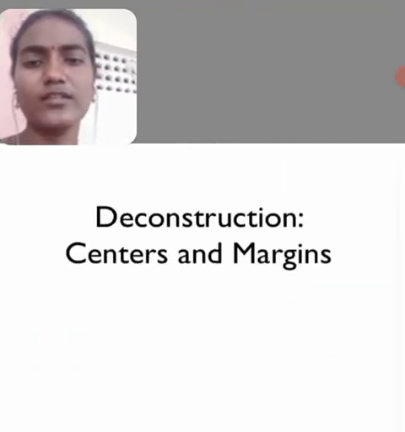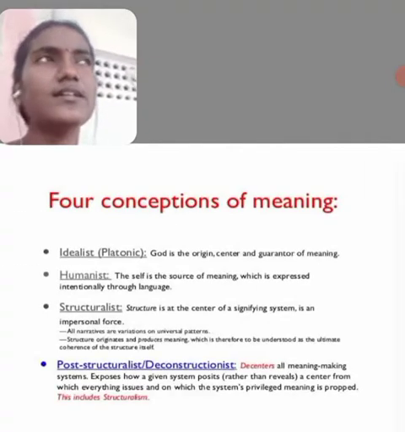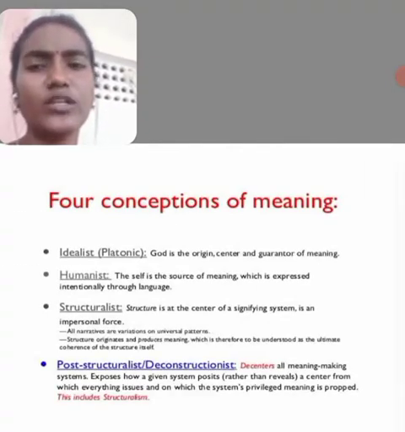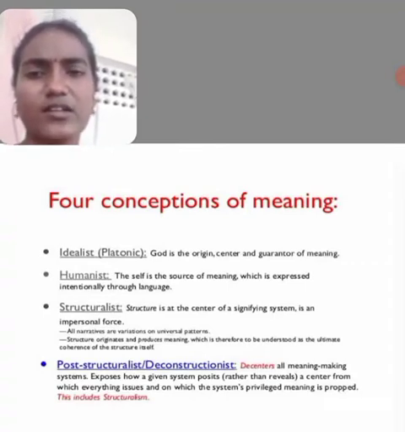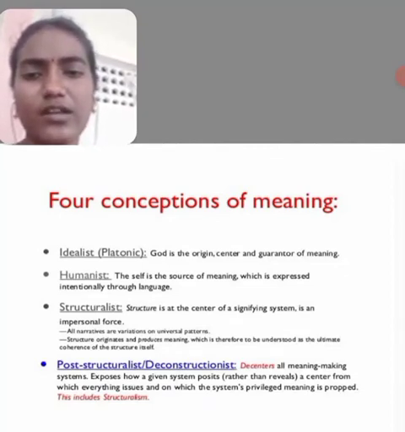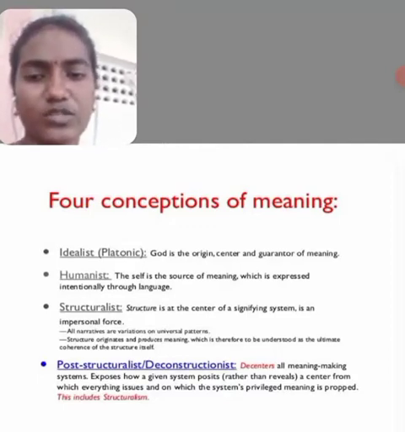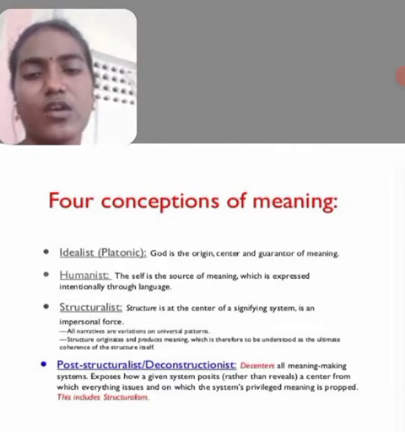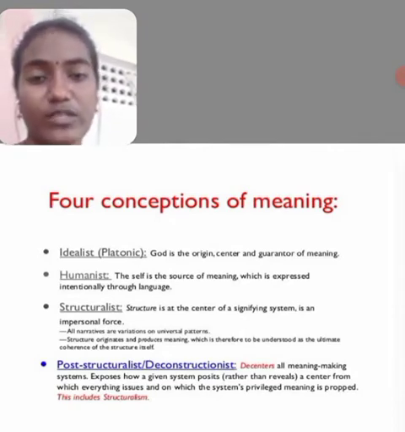Here is another topic, deconstruction: centers and margins. Centers refer to important things that are in the center, and margins refer to the marginalized, outward from the center. Four concepts of meaning are given here: idealistic, humanistic, structuralistic, and post-structuralistic or deconstructive. Idealistic: God is the origin, the center, the guarantor of meaning.